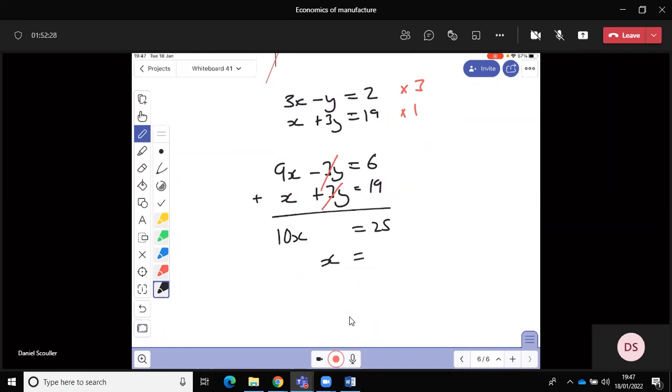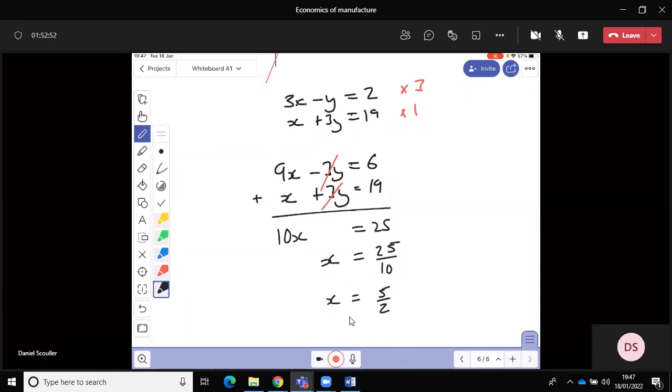That gives us x equals 25 over 10, and we can simplify that down into 5 over 2. I'm going to keep it in fraction form because we've worked with fractions before, and we should be able to deal with fractions when it comes to multiples and addition and things like that.